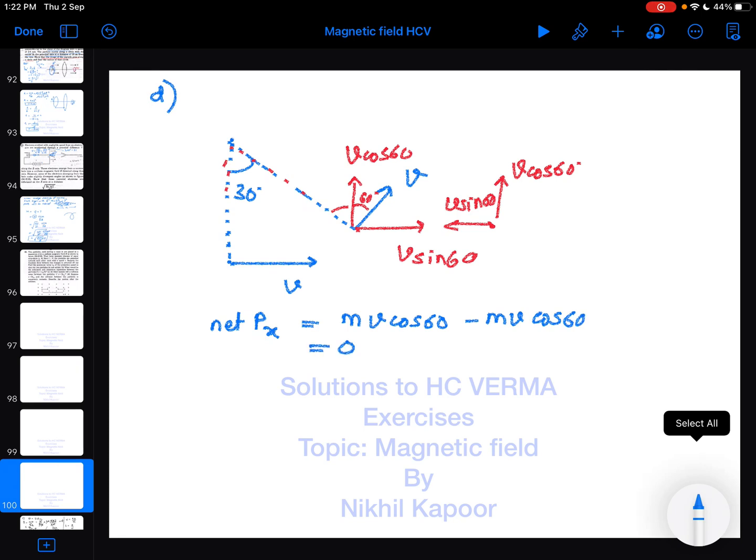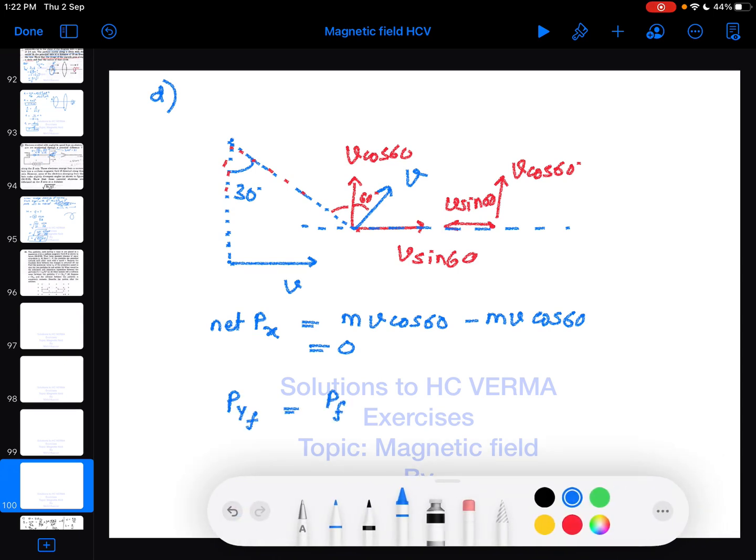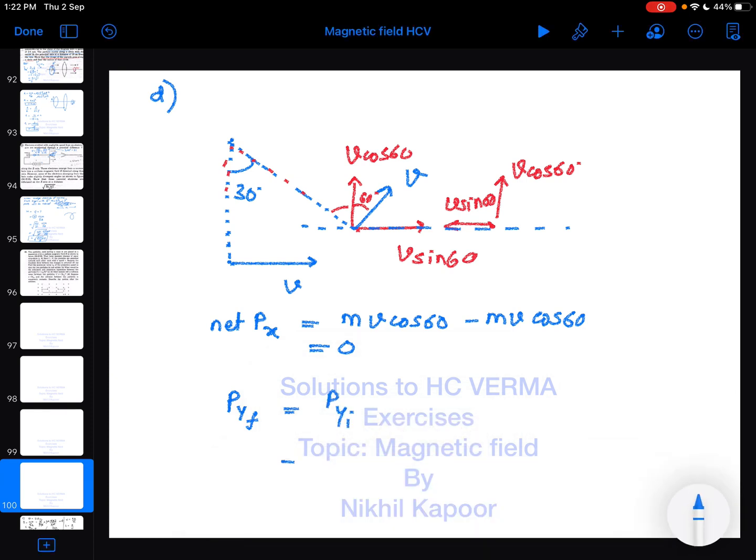So obviously the initial and final momentum along the x direction will be 0. There will not be motion in the x direction. While for the net momentum in y direction, the final momentum in the y direction must be equal to the initial momentum in the y direction.